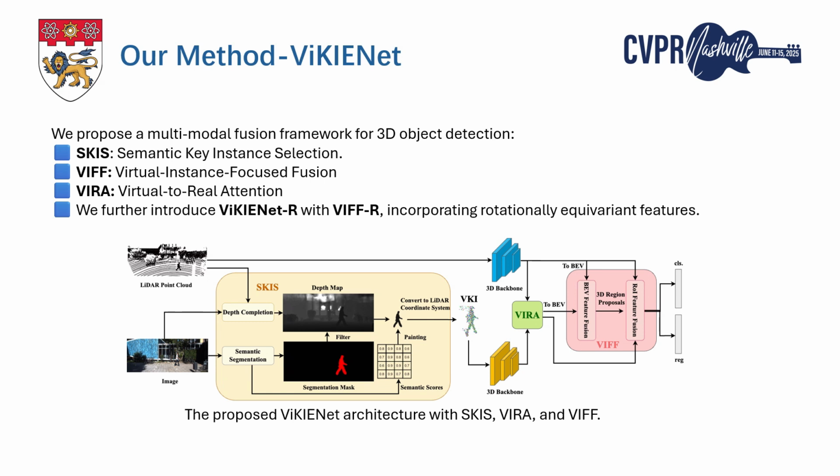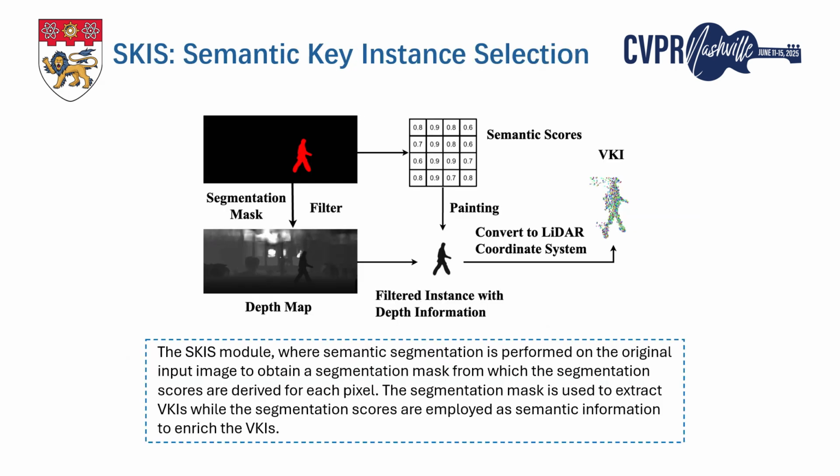SKIs, semantic key instance selection. The SKIs module generates semantically enriched VKIs to reduce the computational load associated with dense virtual points while leveraging their semantic information. A depth completion model is applied to get a corresponding depth map of the input image, and a semantic segmentation model is applied to obtain the semantic class and score of each pixel of the same image.